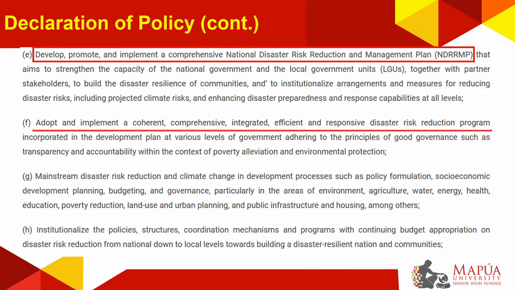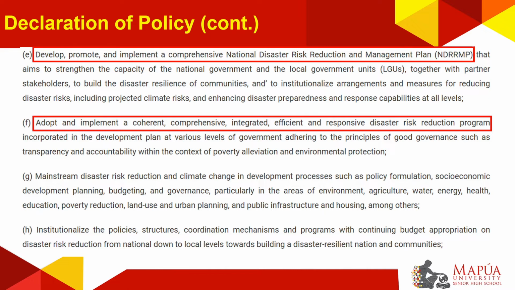Letter F states that we adopt and implement a coherent, comprehensive, integrated, efficient, and responsive disaster risk reduction program. This program may come from different areas, from well known information from other countries, and even be recommended to us by other councils such as the UN, or other methods that we may adopt based on the decisions of the body of the NDRRMP.